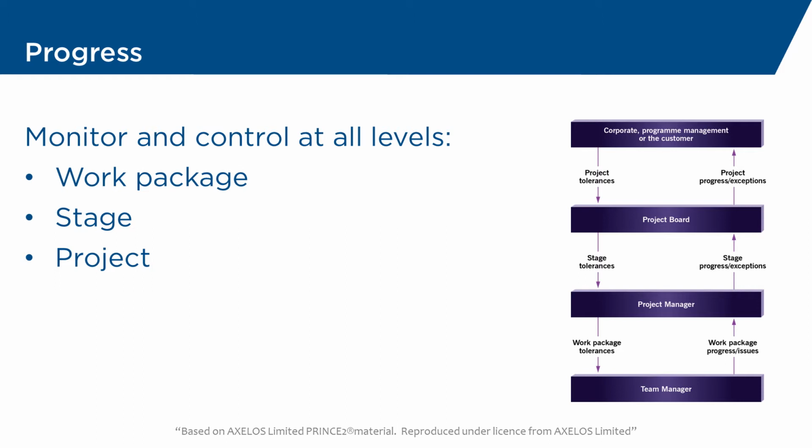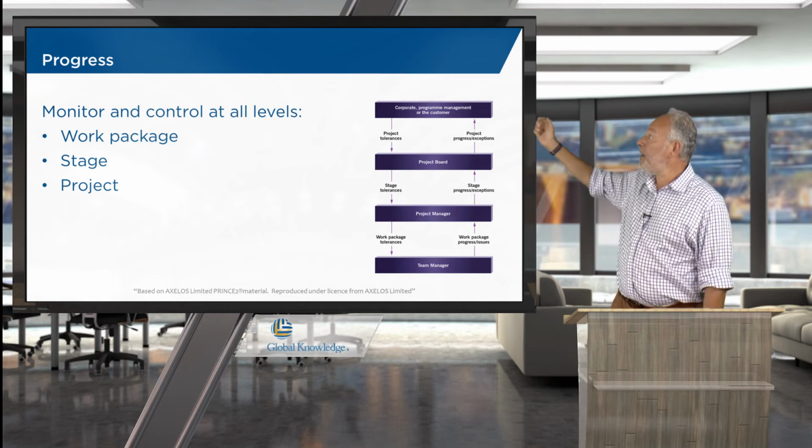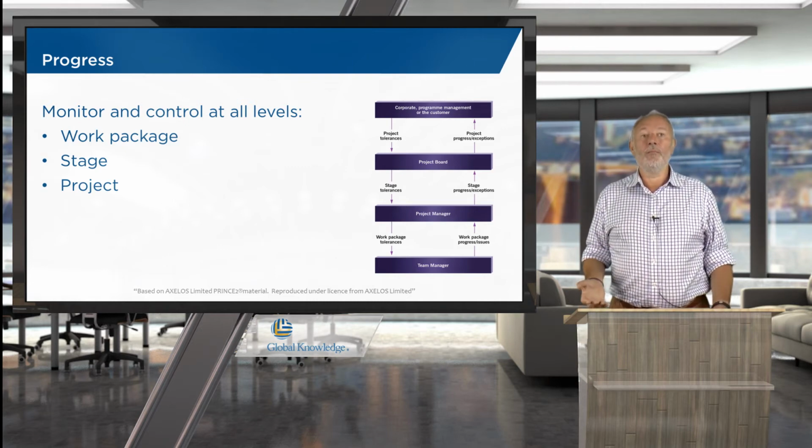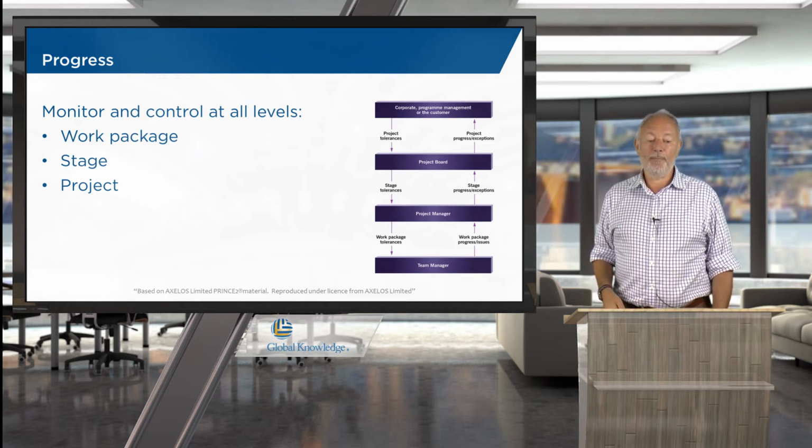Notice right at the top we've got corporate and program, and they of course are going to be applying some kind of control onto the project board. That means there's good governance from within the organisation onto the project. As required, the project board will be reporting their progress of the project up to corporate as required.